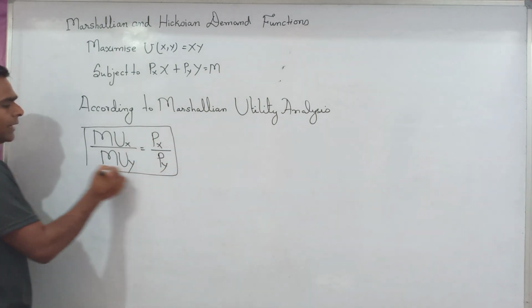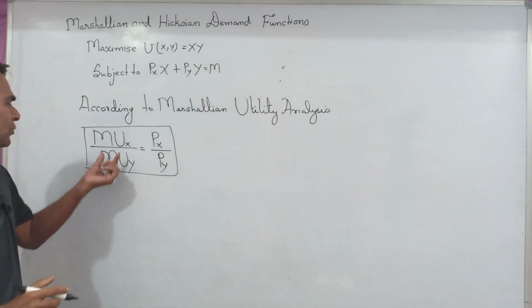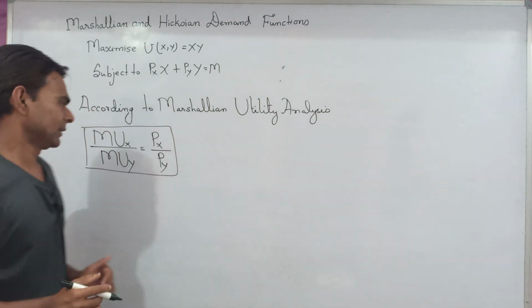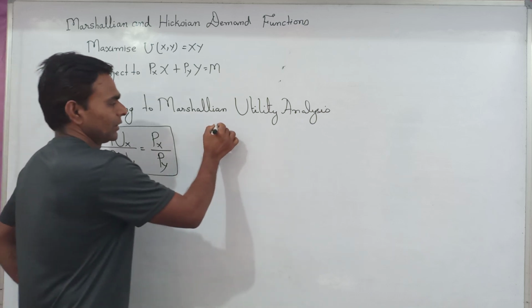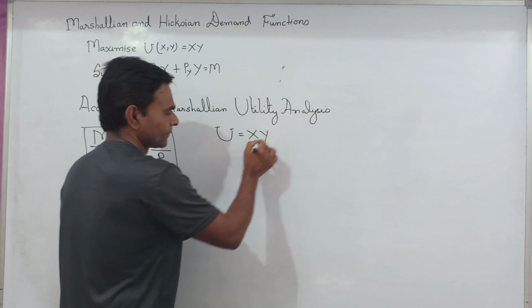The question arises how MUx and MUy are calculated. It is very simple. Your utility function given in this question is xy.